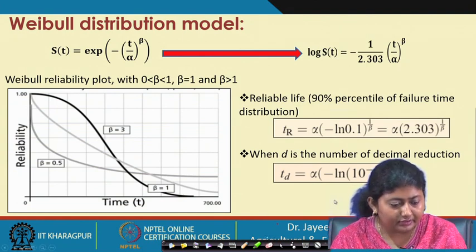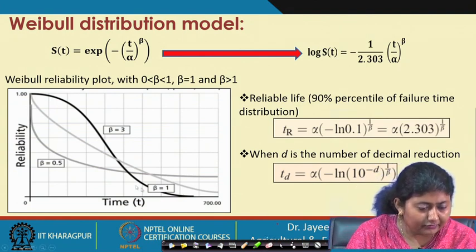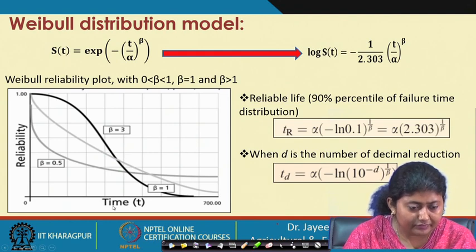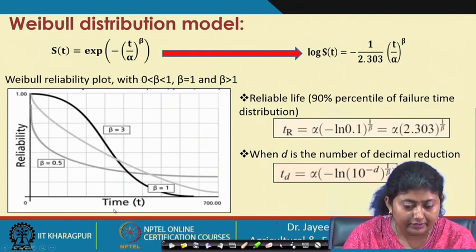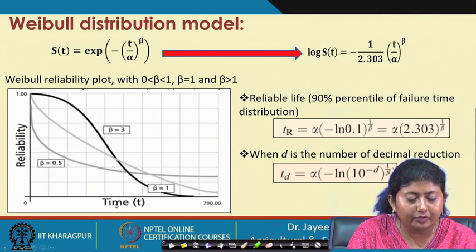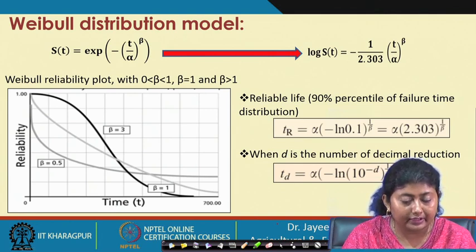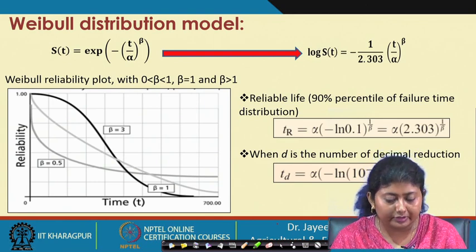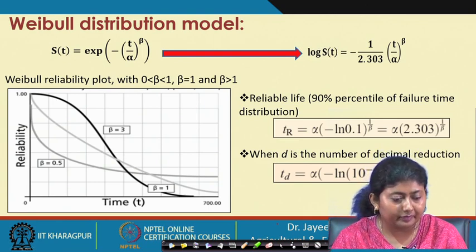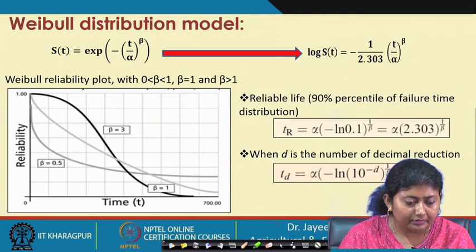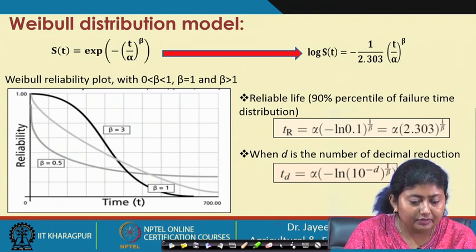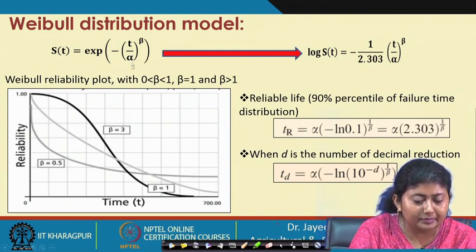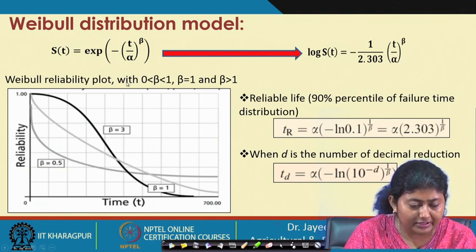In this case, the destruction follows a pattern which can be explained by the Weibull distribution model. This is one model; there are many such models in high pressure processing that have been generated by empirical model development. St equals exponential of minus t by alpha to the power beta.